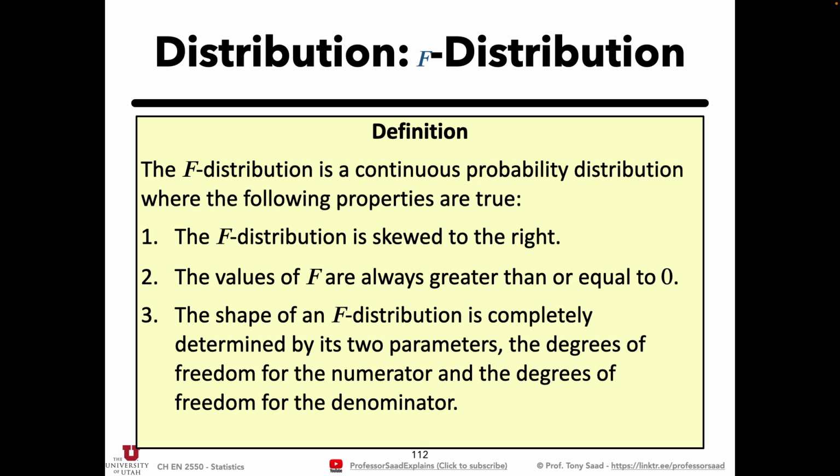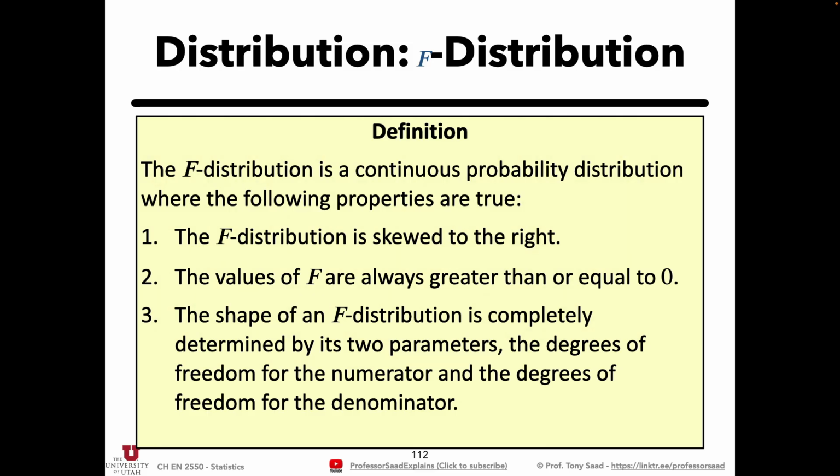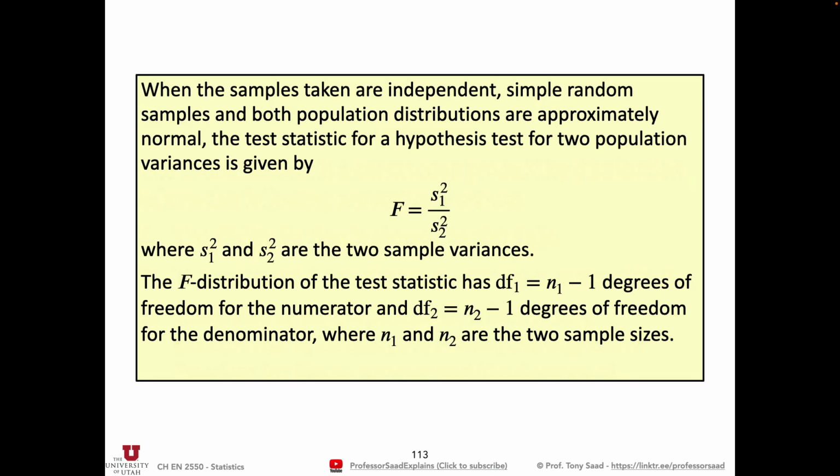That ratio was represented by the F distribution. It's named after Sir Ronald Fisher, who came up with the F distribution and did a lot of work on analysis of variance. We talked about it previously, so this is taken from a previous slide.